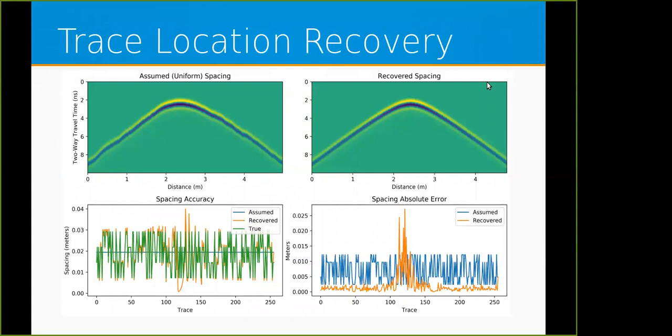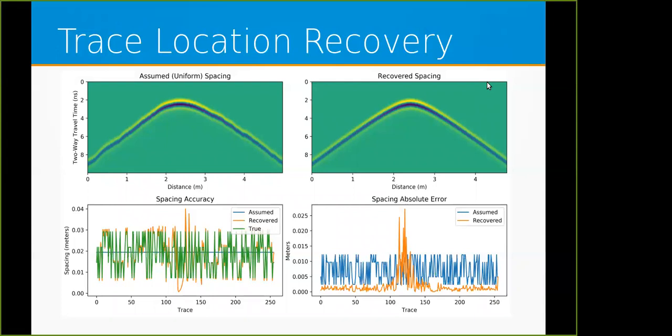So here I've got 2 different radargrams shown. The one on the left would be data that we go out and collect, and we don't have a good constraint on what the horizontal trace locations are. So we see that we've got irregularities in the diffraction wings. And these irregularities are going to cause issues with the certainty of our velocity estimates and can actually change the velocity as well.